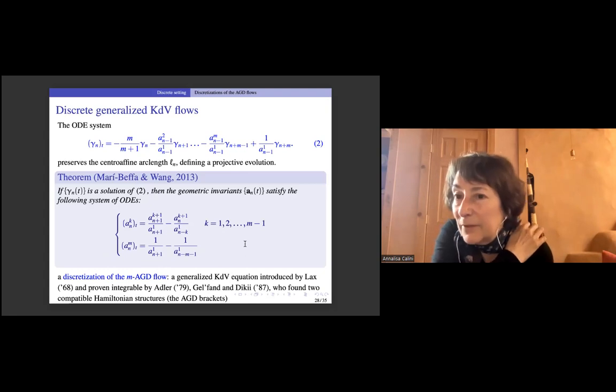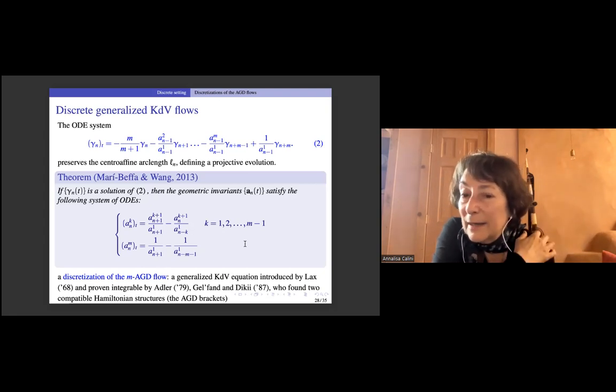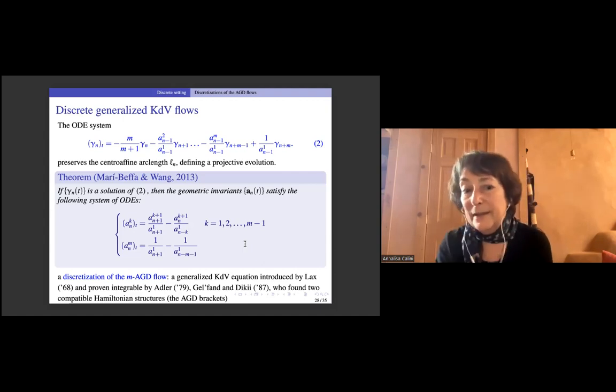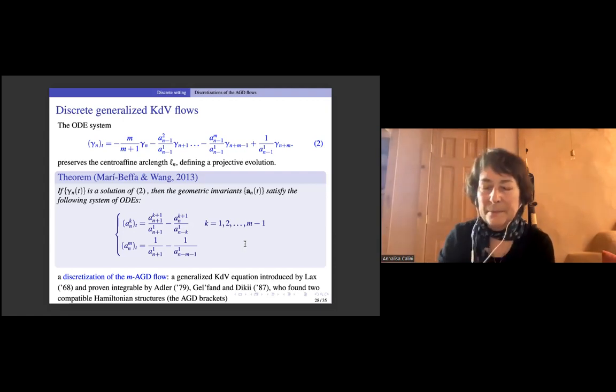The generalized KdV equation was first actually written down by Lax. Then Adler-Gel'fand-Dikii proved that they were integrable exactly by finding two compatible Hamiltonian structures at the level of the loop algebra. And those are well known as AGD brackets.